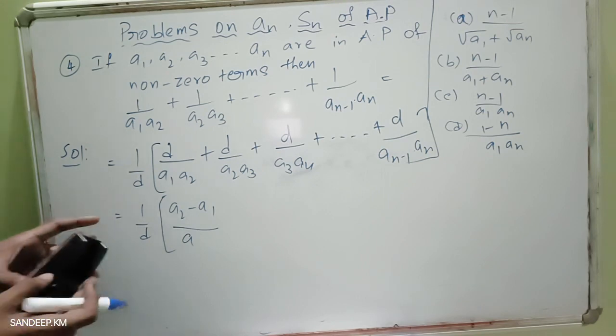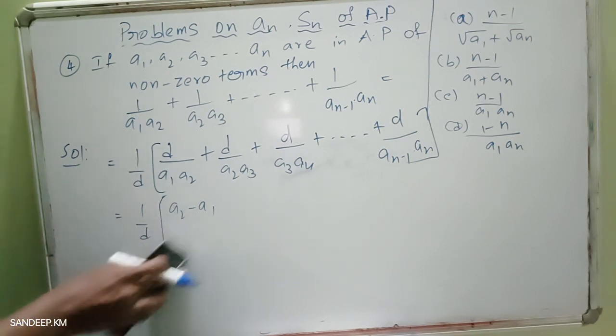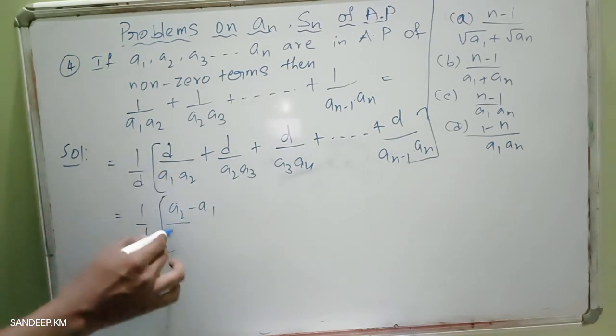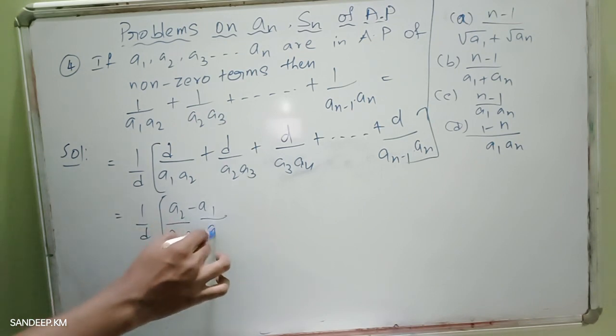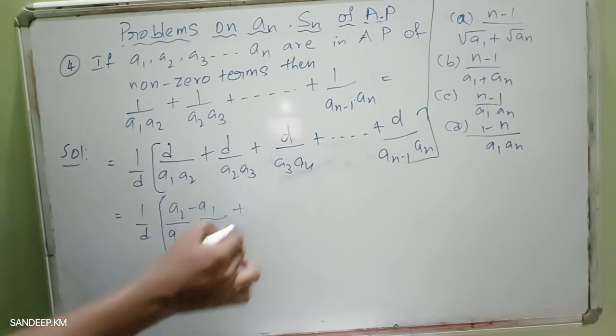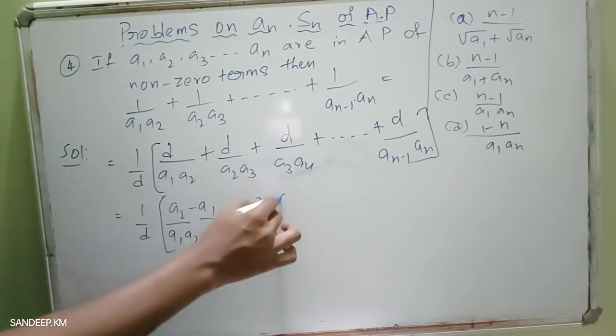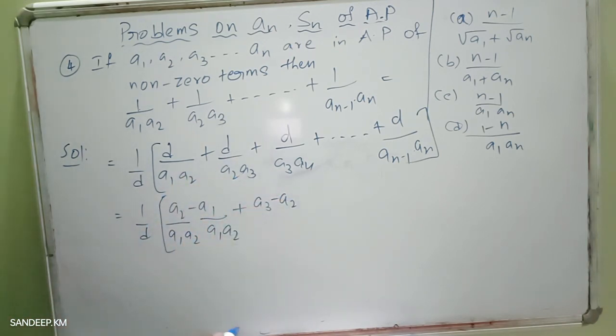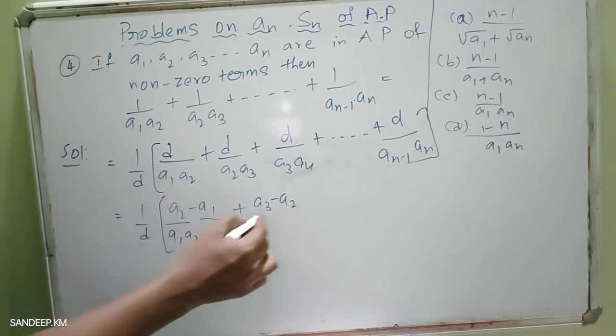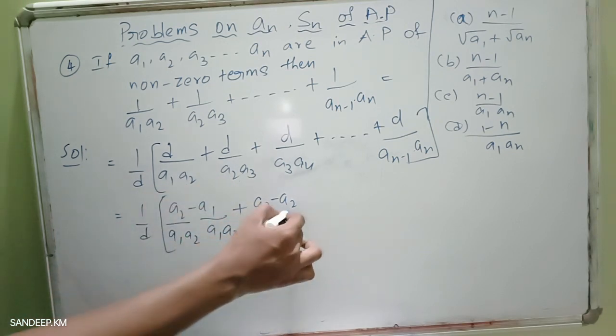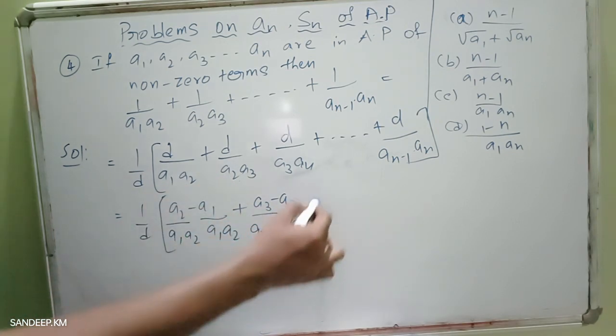Or let us do one thing directly. The denominator is a common denominator, right? a1, a2, I'll separate it: a1, a2, a1, a2. Next, here the common difference D can be written as a3 minus a2 in the numerator, and the common denominator a2, a3, a2, a3.